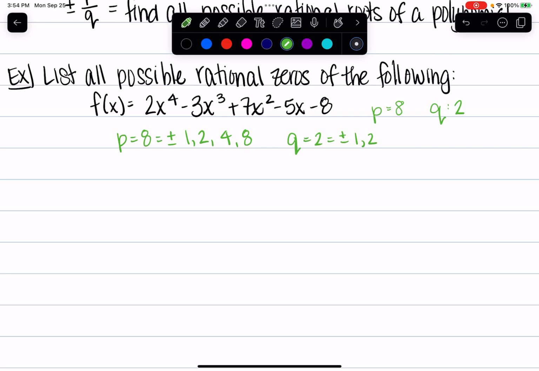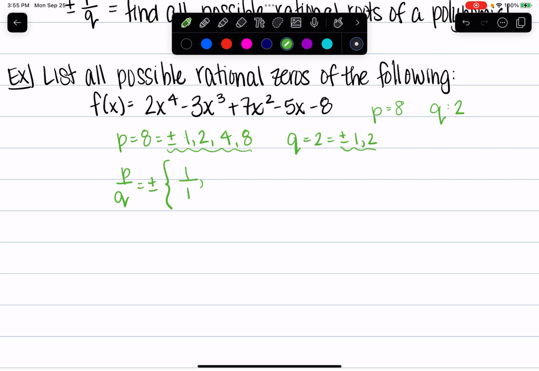So we are going to use this piece and this piece to do our problem. So now I am going to do P divided by Q. And I'm going to do this the long way first. And so remember, you're going to start with P. So I'm going to do 1 divided by 1.